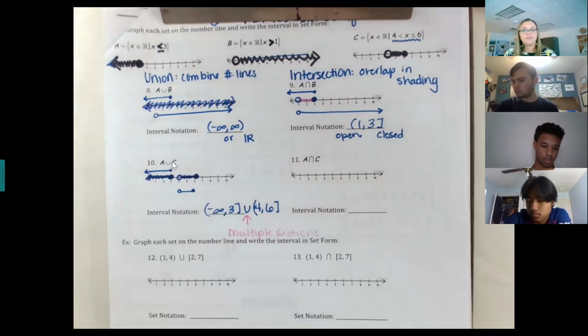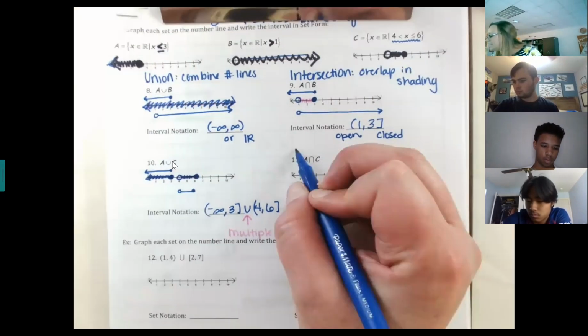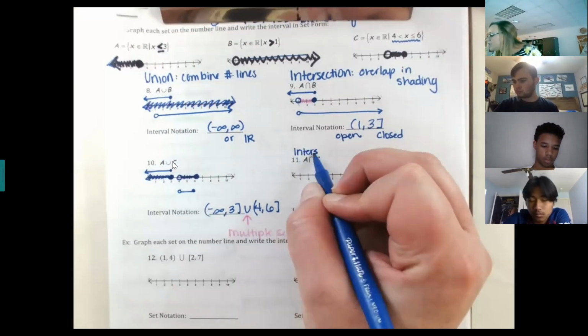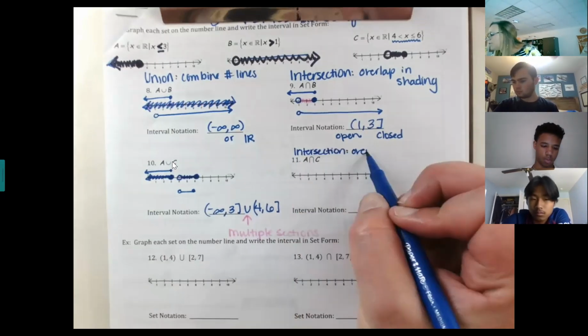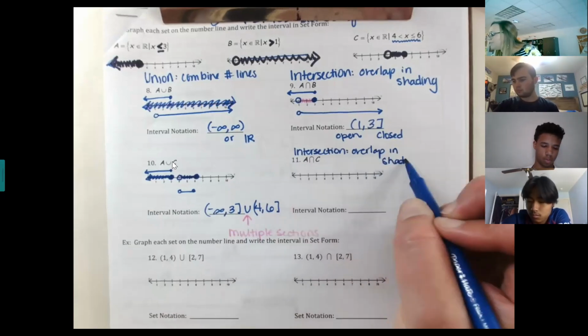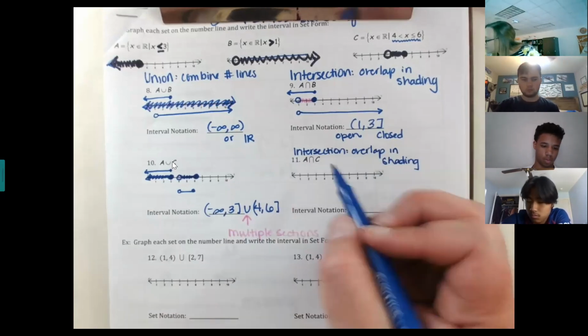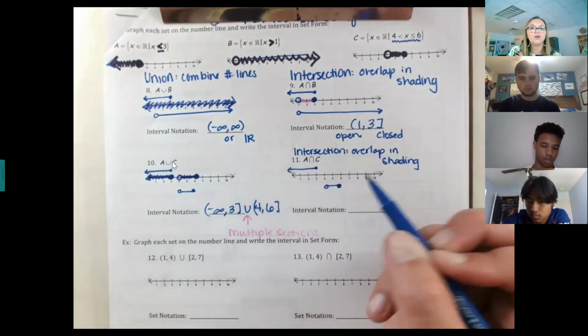All right, now let's do the next one. My A and my C this time are going to be intersected. Remember, intersection means that I need the overlap, which we already wrote up there at the top, but we need the overlap in shading. So my first guy was from 3 to the left. My bottom guy was 4 to 6. Do those overlap?